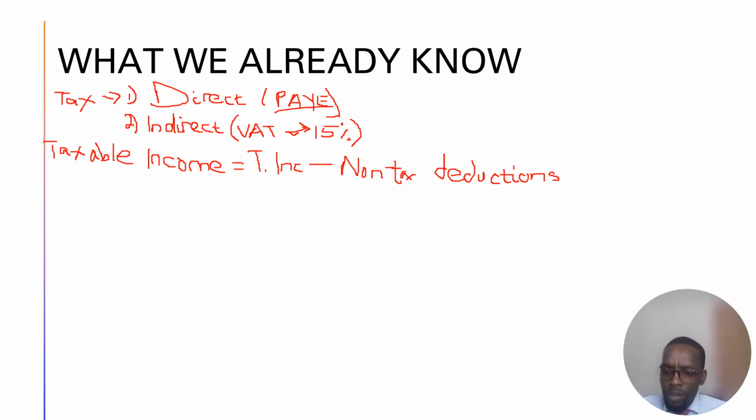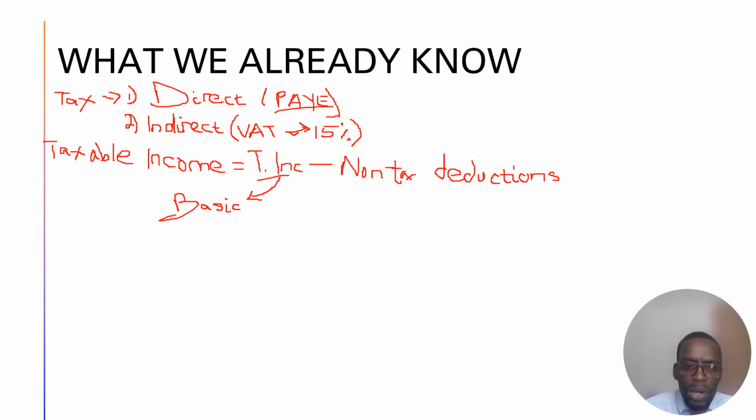Those things have got to be subtracted first before I can calculate how much I'm supposed to pay as my tax, before I can get my taxable income. So how do I get my total income? Now, learners, you need to understand that total income is going to be basic salary. Like normally, if you are at work, they will tell you that your basic salary is this amount of money.